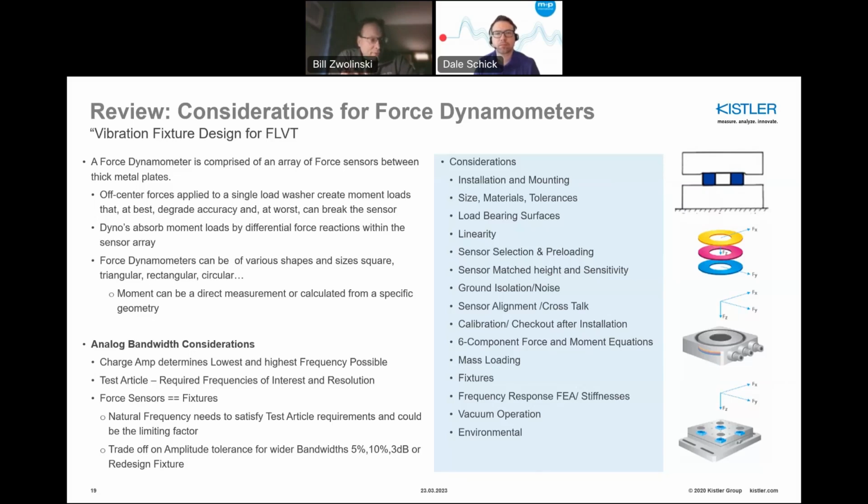The vibration fixtures need to be stiff, with natural frequencies consistent with whatever test regime is of interest. So having stiff force sensors between parallel plates, like I'm showing here, which is a dynamometer, really gives you the basis for making a stiff vibration fixture that can handle the various frequencies. We're going to talk a little bit about how to do that and the general rules to consider, and that's coming up shortly.